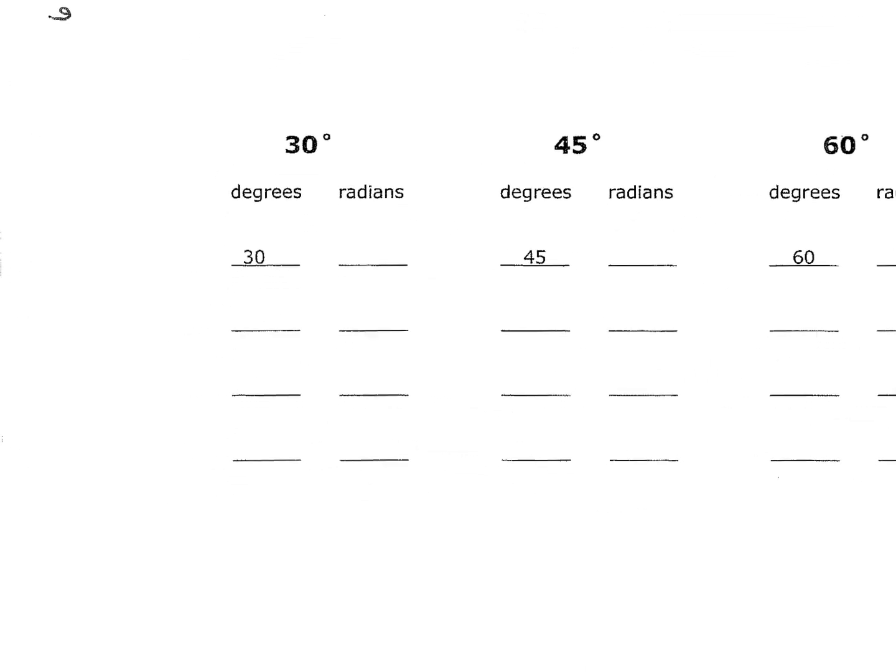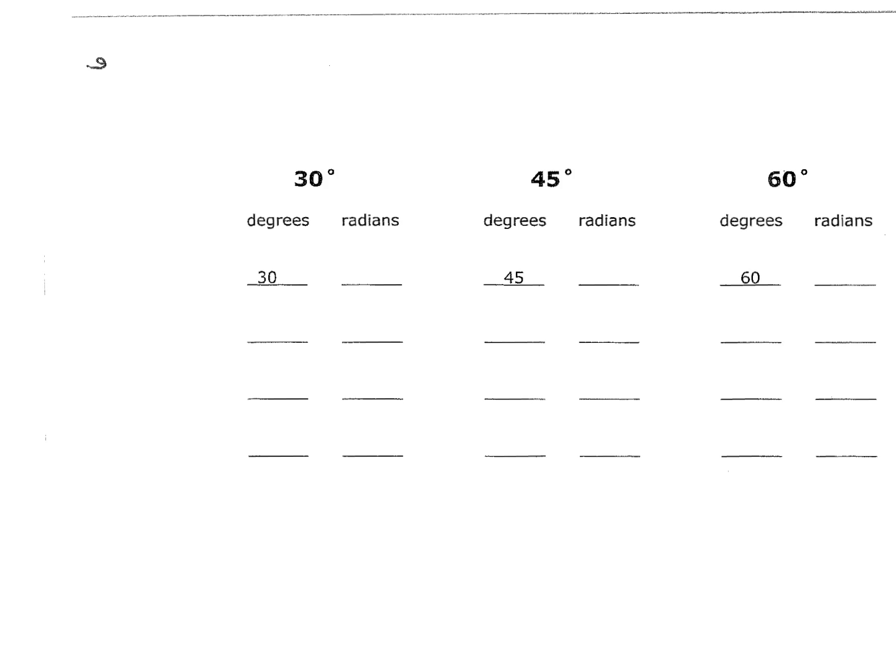So we've got our 30-degree reference angles, because remember there are 30-degree reference angles in each quadrant. There are 45-degree reference angles in each quadrant, and there are 60-degree reference angles in each quadrant. So what we know about a 30-degree angle is going to be true for our other 30-degree reference angles. That's why it's helpful to know this information.